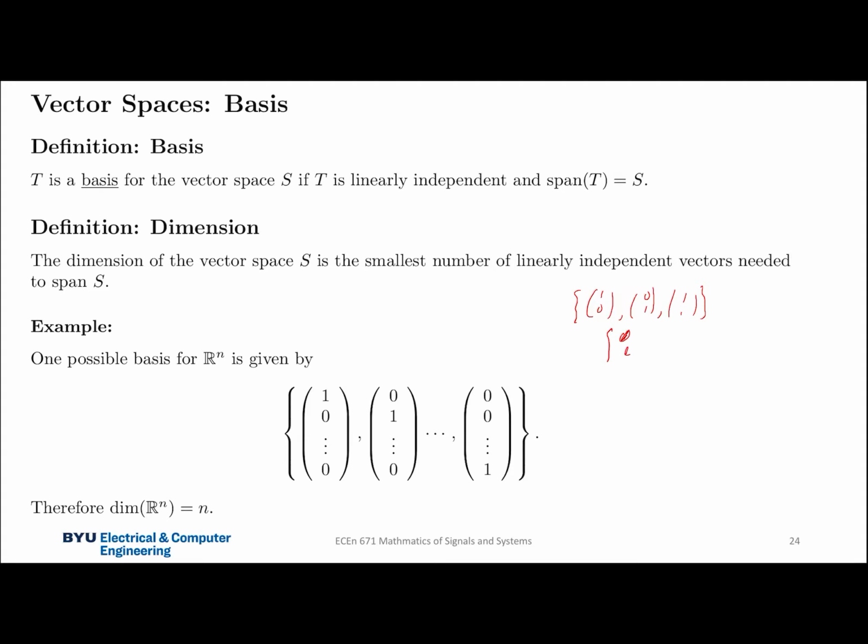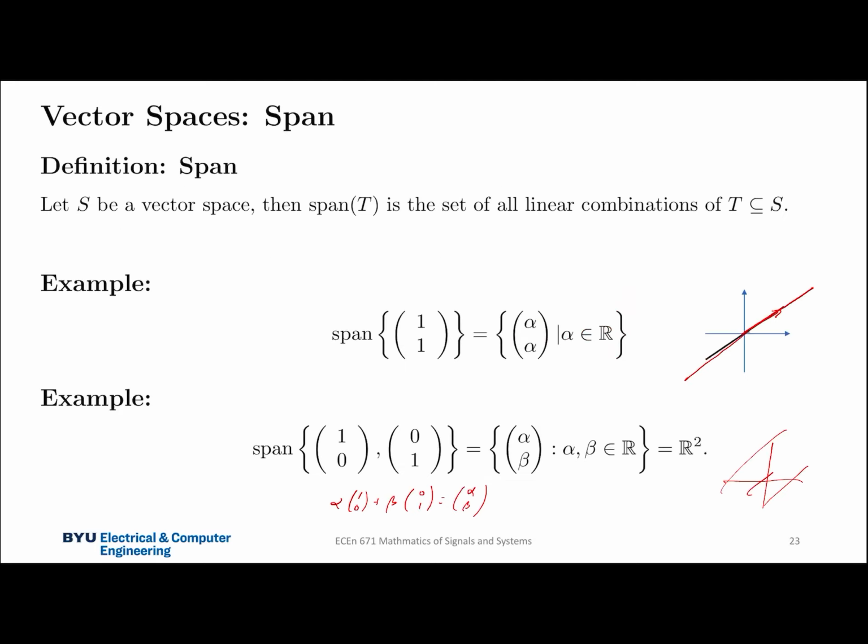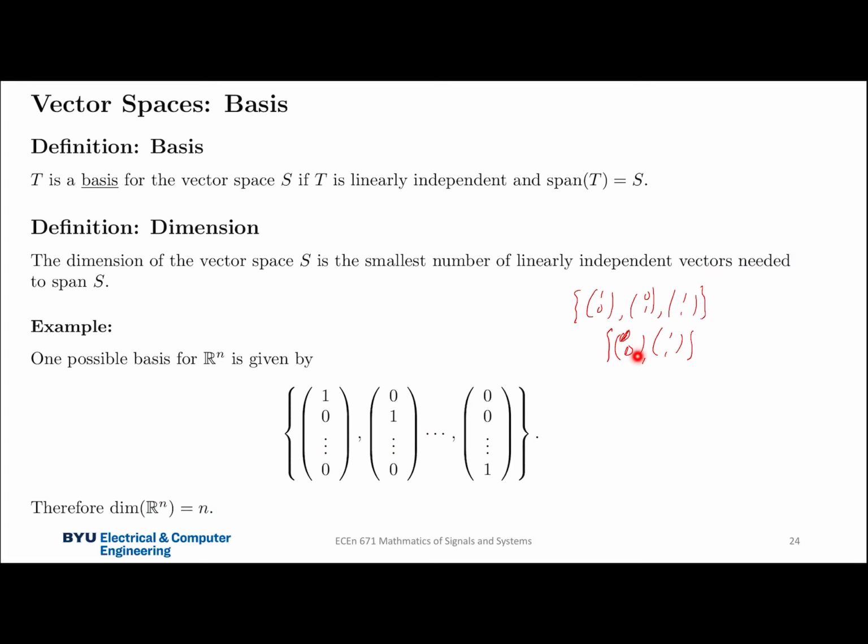But we could have (1, 0) and (1, 1). Yes, these are linearly independent, and they span all of R2. Those other vectors span all of R2, but they're not linearly independent. So it's the smallest number of linearly independent vectors needed to span the space.